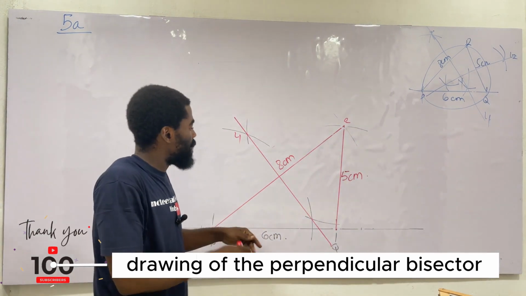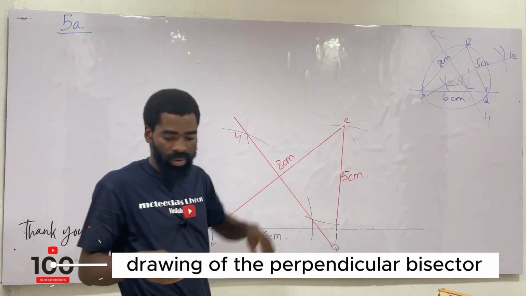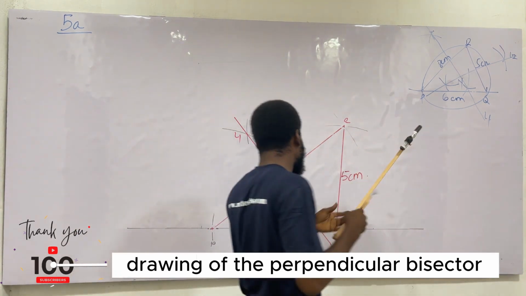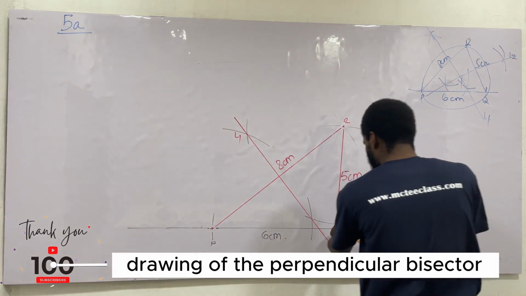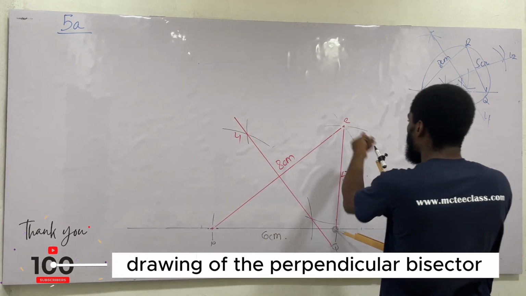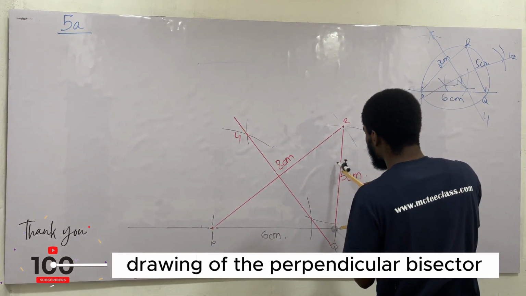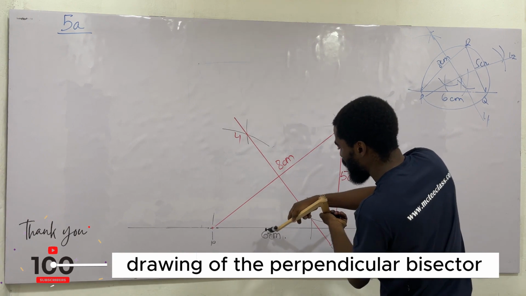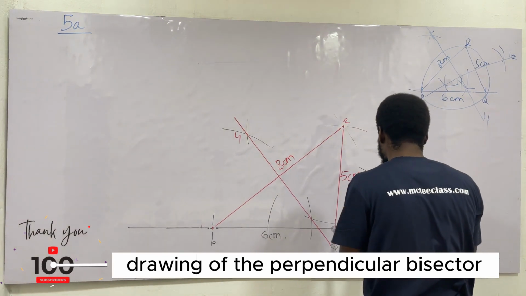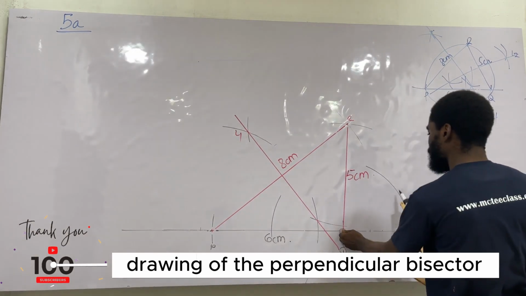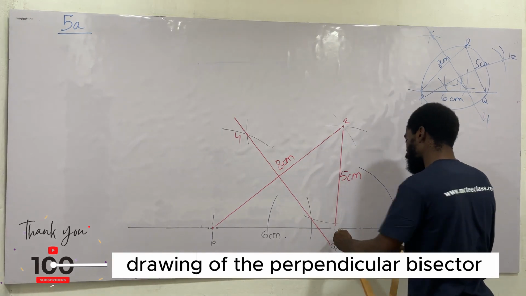And I'm going to construct the bisector of this one as well. So once again, let's go. Bisector of this. We stand here at point R, open more than half of this. So we have an arc here and an arc there, more than half. Good.